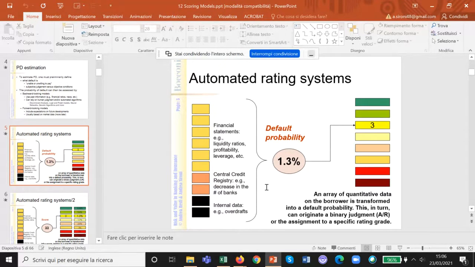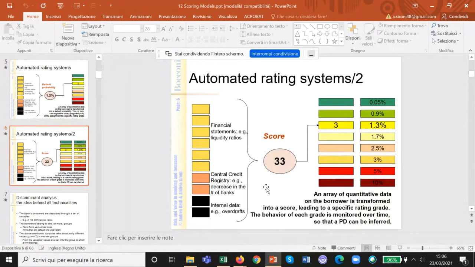And sometimes internal data, like for example, how did the borrower behave? Have there been overdrafts with respect to the credit line? And so on, okay? Now these models can be used to estimate directly a probability of default. And then based on the probability of default, this can be translated, for example, into a rating grade. Say, for example, from 1 to 10, okay?